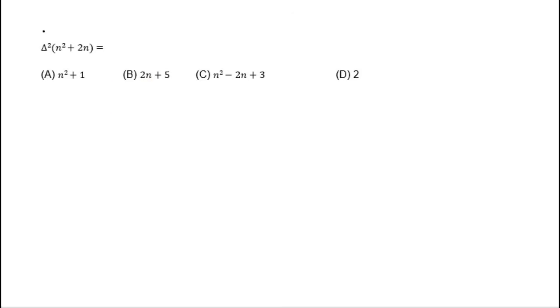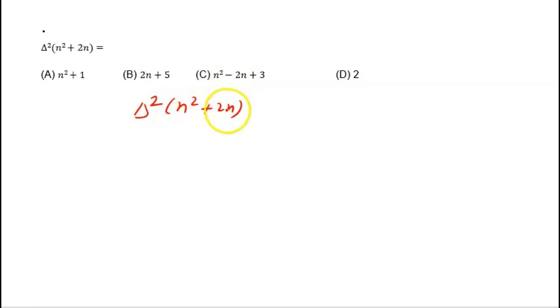Next question. Delta square of n square plus 2n. Now I think there are different ways to solve this problem, but the process that I am going to explain to you, actually I am going to use the idea of factorial polynomial, right?